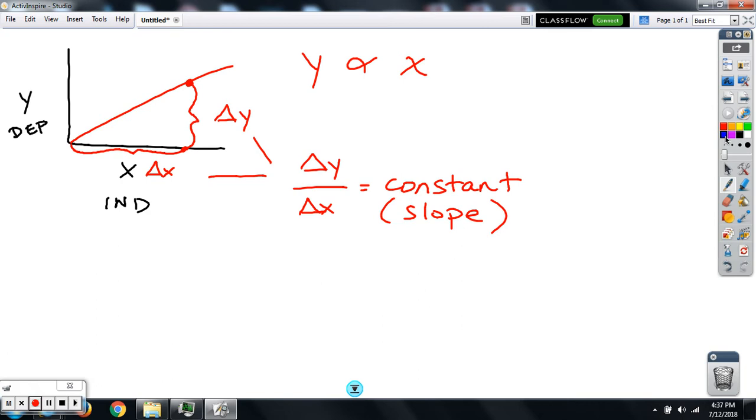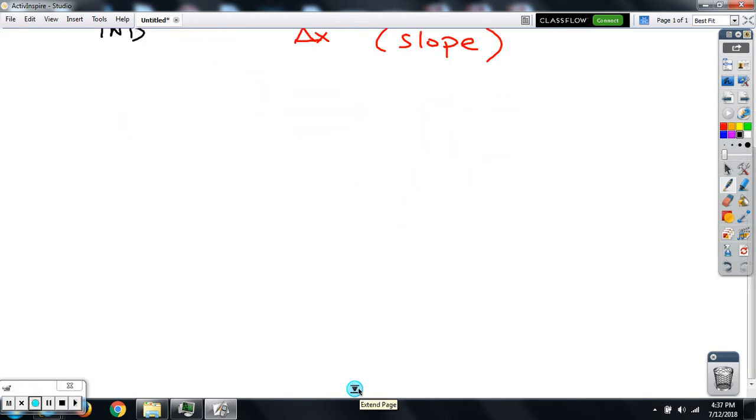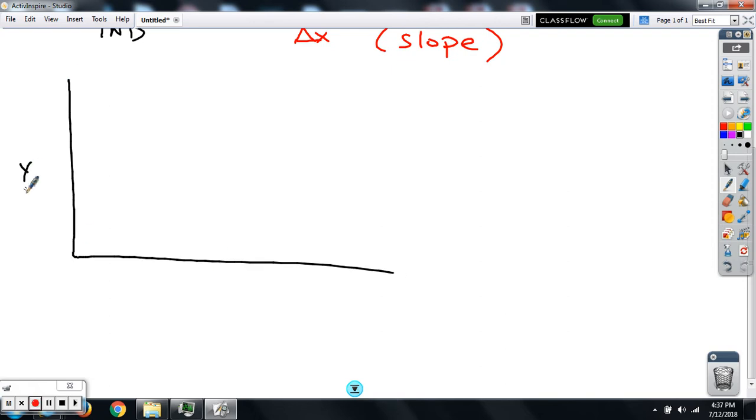If then, I'll do another graph here. If we have a parabola, then this type of parabola, x is increasing as the square.